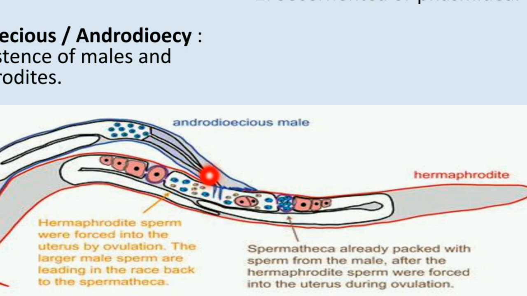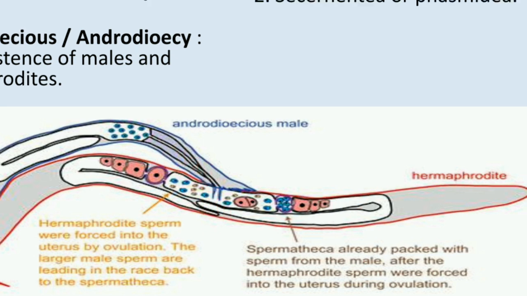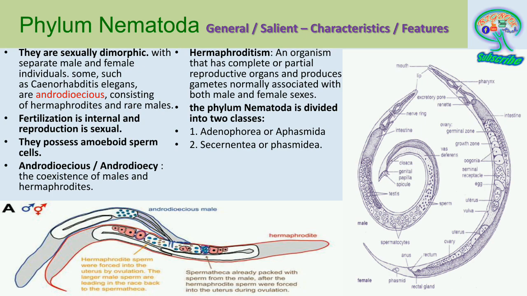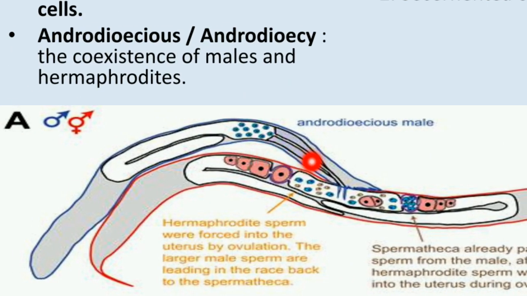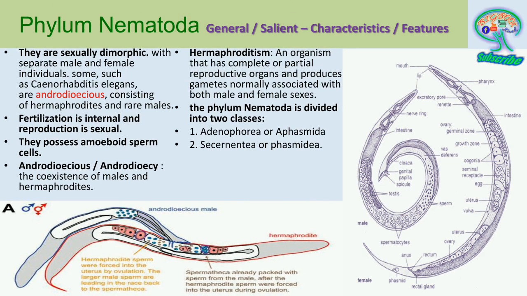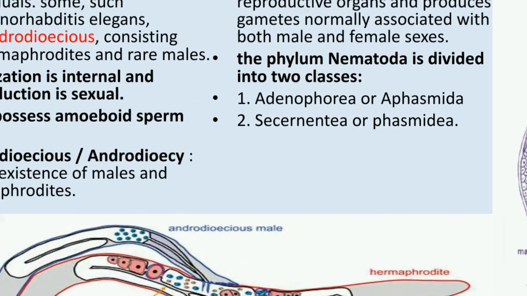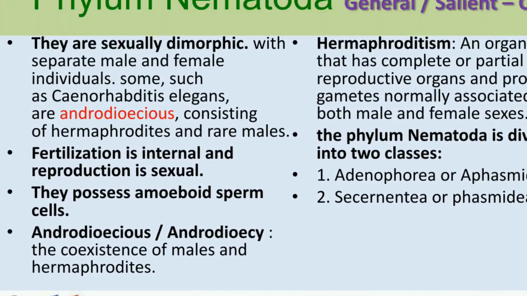With this there will be one more, the male again. That male is going to take part in the donation of the sperm to this particular hermaphrodite, and there will be the fusion of the gametes to develop the organism. So this is what androdioecious means.